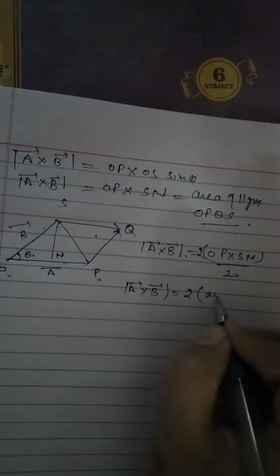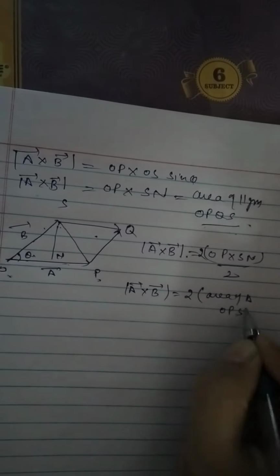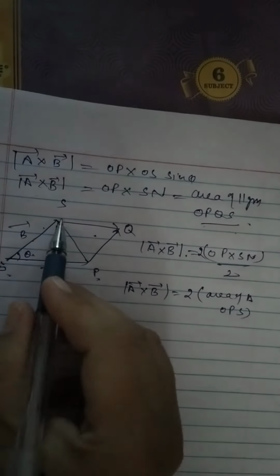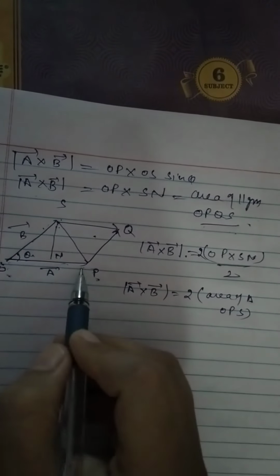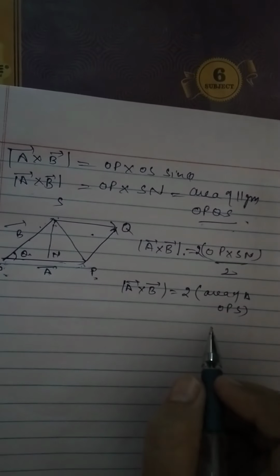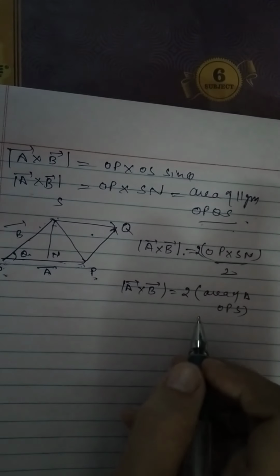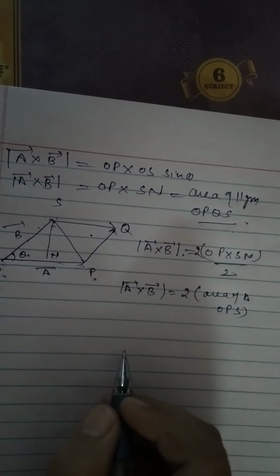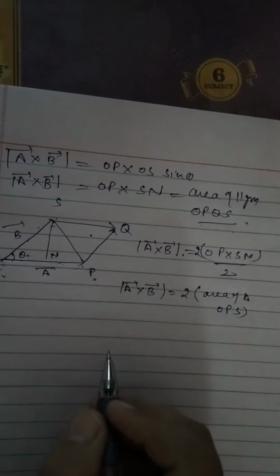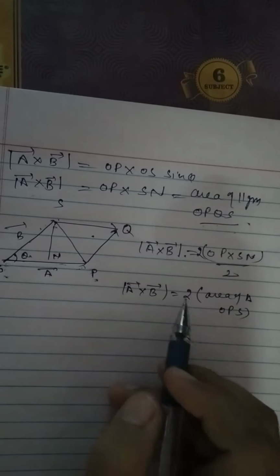This is twice the area of triangle OPS, where base is OP and height is SN. So this we will use in the numerical. Mod of A cross B is equal to the area of parallelogram, or twice the area of triangle OPS.